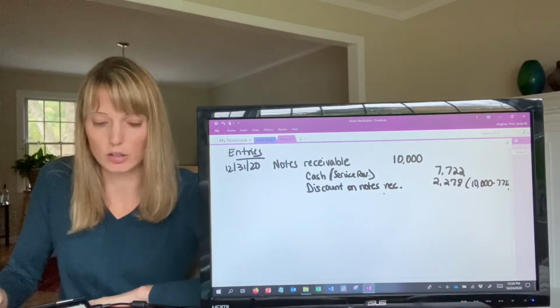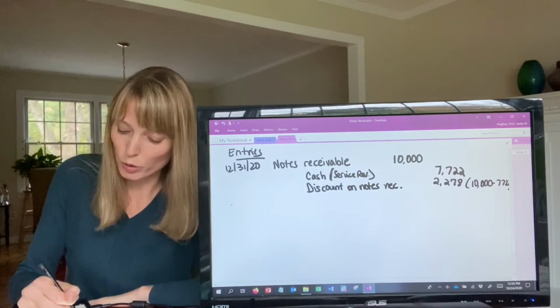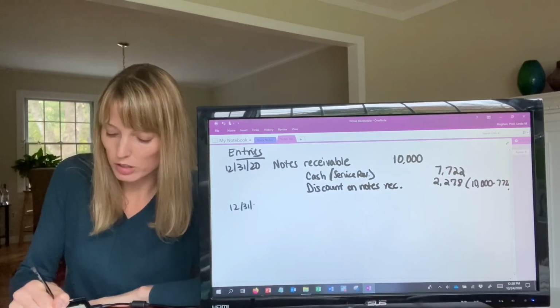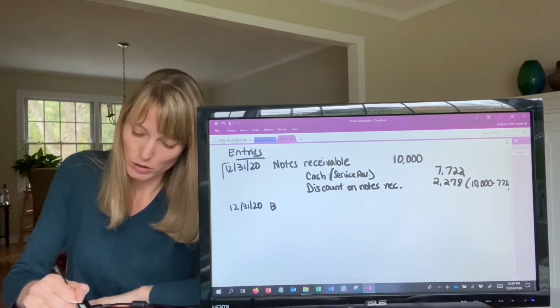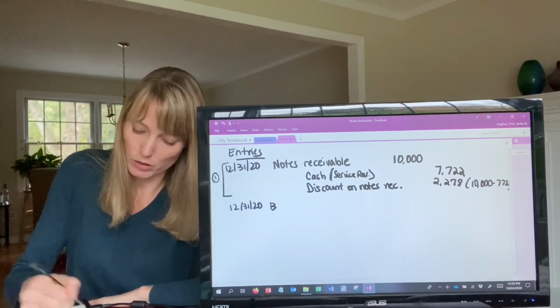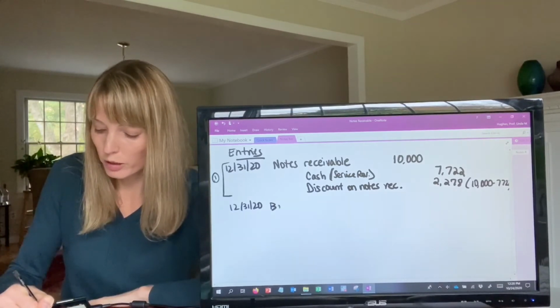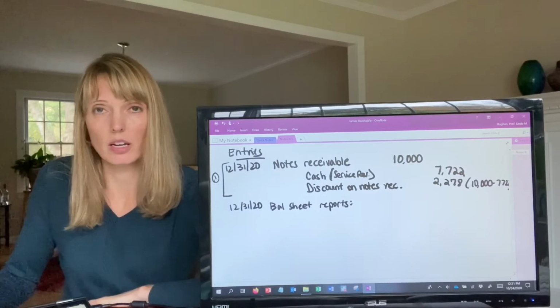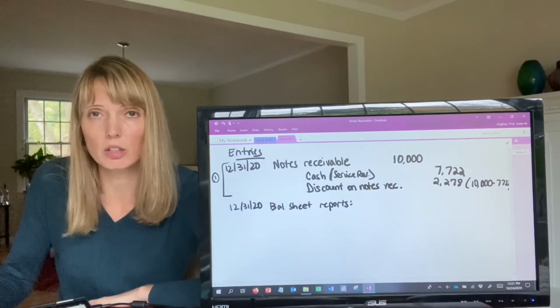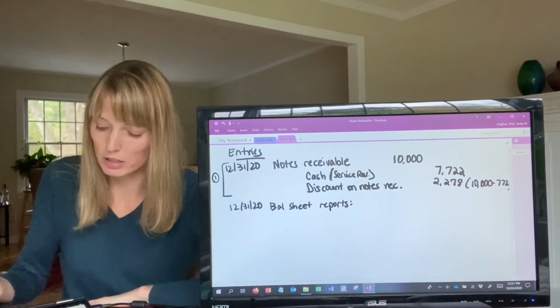Before we get to that, the first thing I want to point out is how we would report this discount on notes receivable. So in 12/31/20, now this is not a journal entry. This is the only entry here. This is entry number 1. The 12/31/2020 balance sheet reports in the assets section, and this is a 3-year note, so it would be in the long-term asset section.